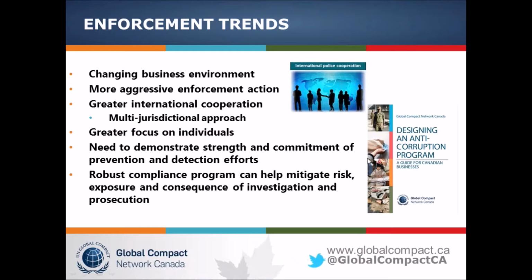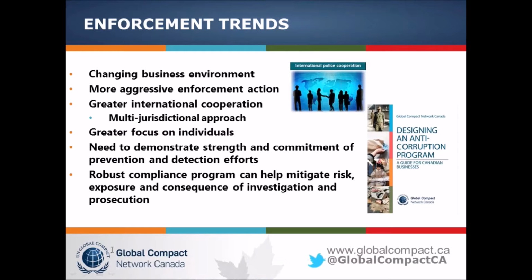So when we look at the cooperation in terms of enforcement, when I talk to companies about the mandate of the RCMP, I'm not just speaking for the RCMP, because what's happening around the world is that we're collaborating very closely with a multitude of jurisdictions to try to address the problem of corruption.